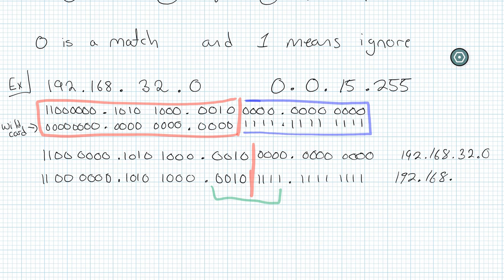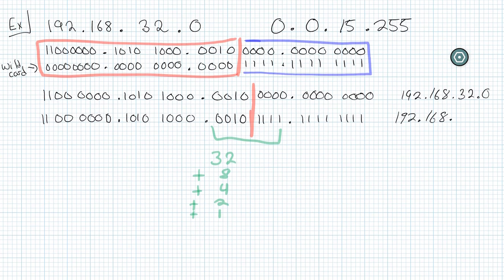We can use our simple binary and say, okay, well, there's a 32-bit plus an 8-bit plus a 4-bit plus a 2-bit plus a 1-bit, which gives us a total of 32 and 8 is 40, 44, 46, 47, meaning that we have 192.168.47.255. So in the range from 192.168.32.0 to 192.168.47.255, that's what this wildcard mask will cover.